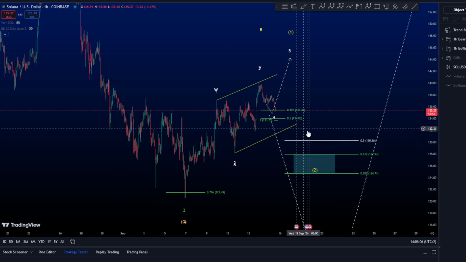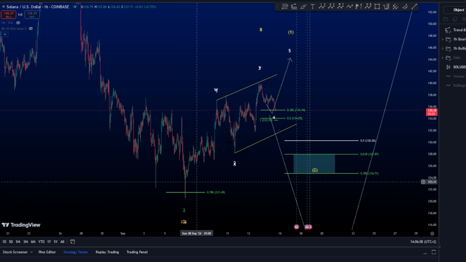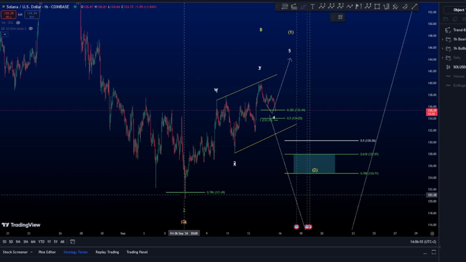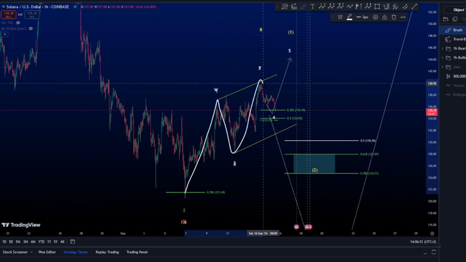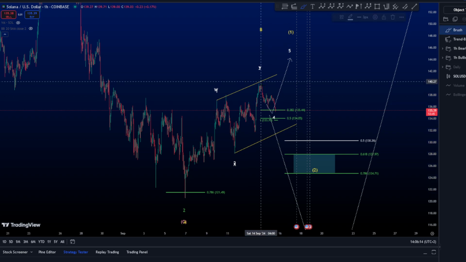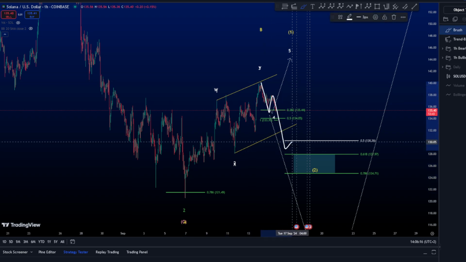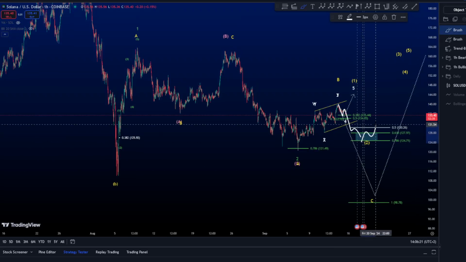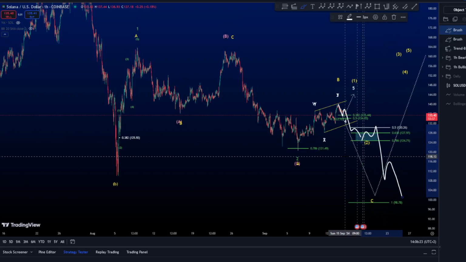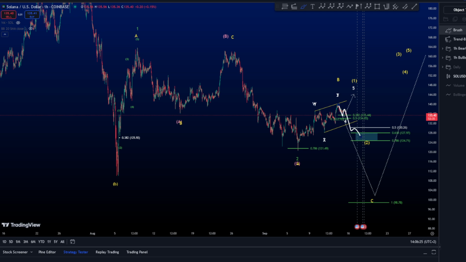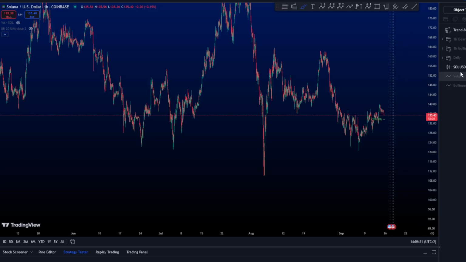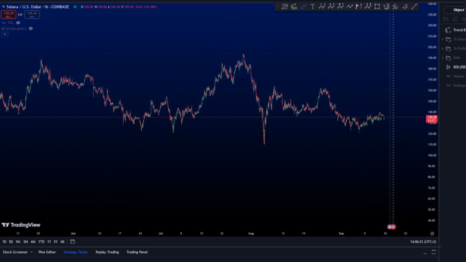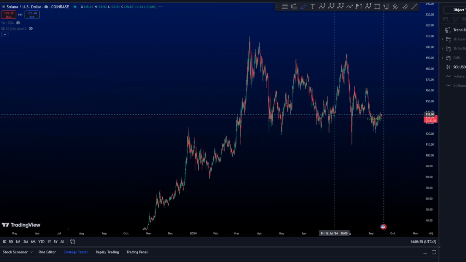Once we get this, that means this has transformed into a WXY, 3 waves corrective, 1, 2, 3, and then we are looking here for a 1, 2, 3, 4, 5 towards the downside, and maybe 3 waves up, then continuing towards the downside. And this opens the scenario for a bearish scenario, of course, as a WXY, as we can see on our 4-hour chart here.